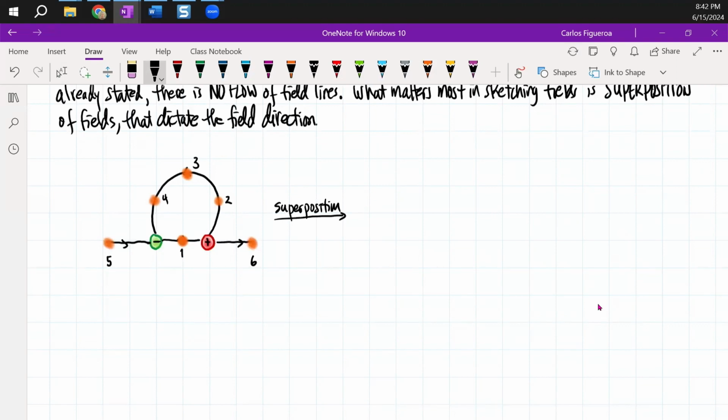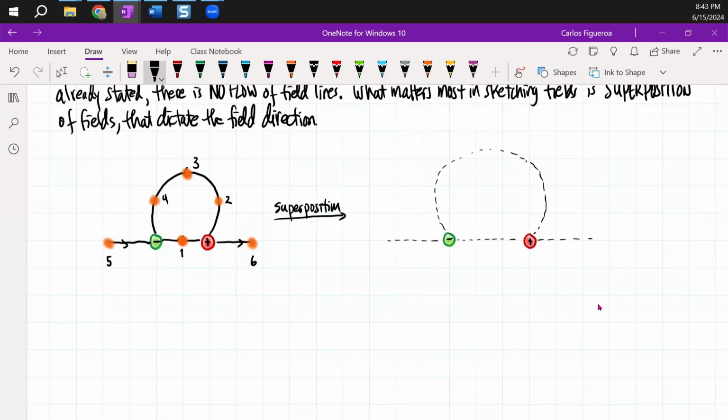So in other words, I'm going to redraw this, but try to make it farther apart so it's easier to see. So this will be my negative, this will be my positive. And when I look at the field line, I'm seeing that the field line is along these points. And then that single field line is going something like this here.